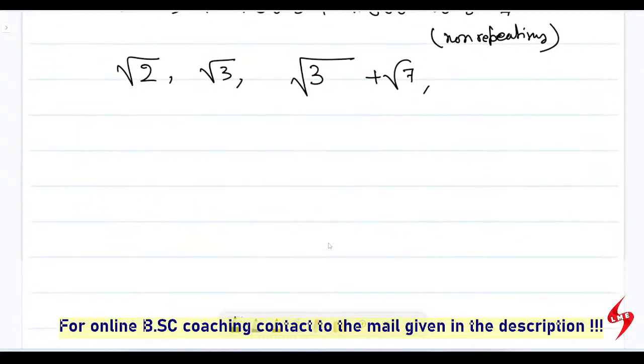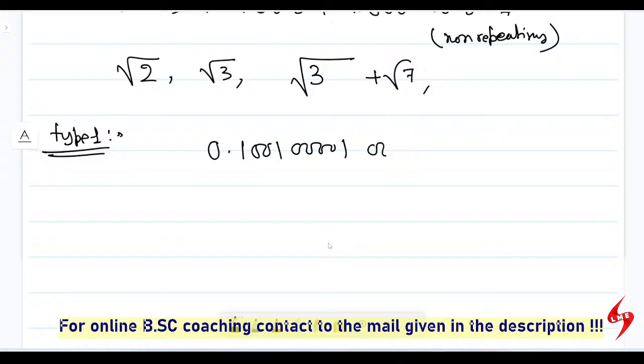Now examples of some kinds of irrational numbers. Type 1: clearly 0.1001000100001 and so on is a non-terminating, non-repeating decimal, therefore it is an irrational number. Okay.